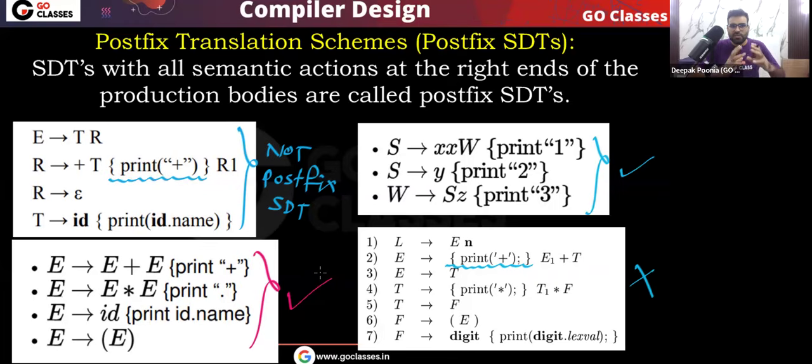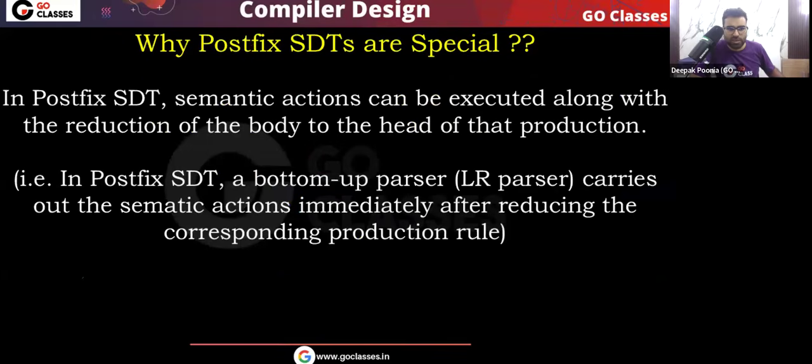Whenever a postfix SDT is given to you, you can use this specific evaluation method, which is only applicable to postfix SDT. Let's see what that is.